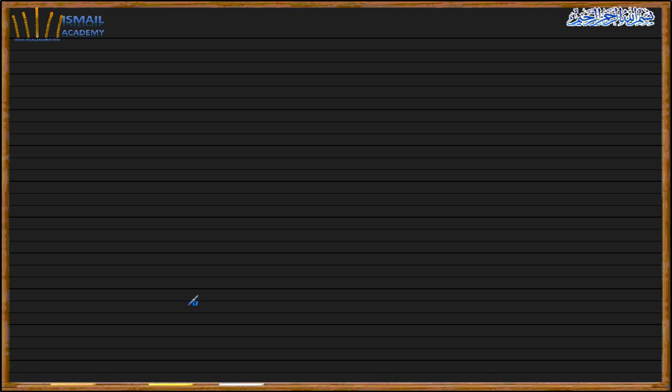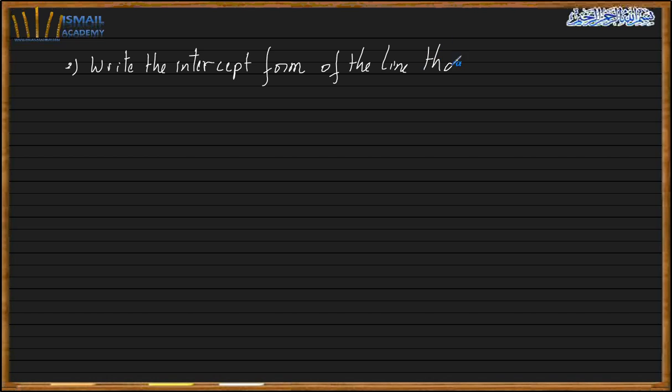Find the intercept form of the line that passes by the points minus 3, 7 and 4, 0.